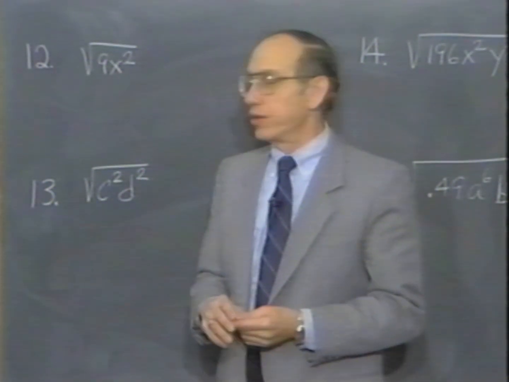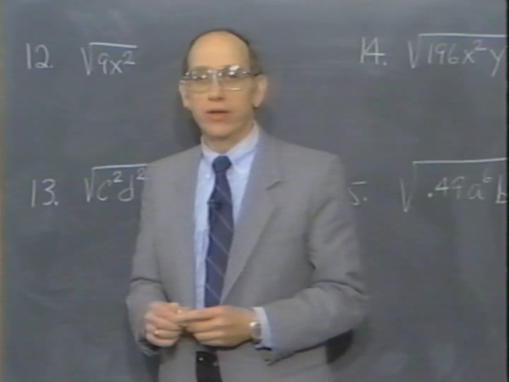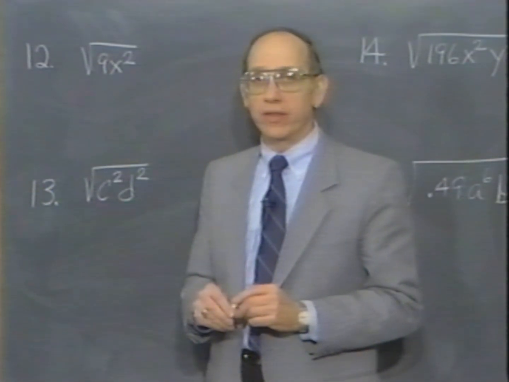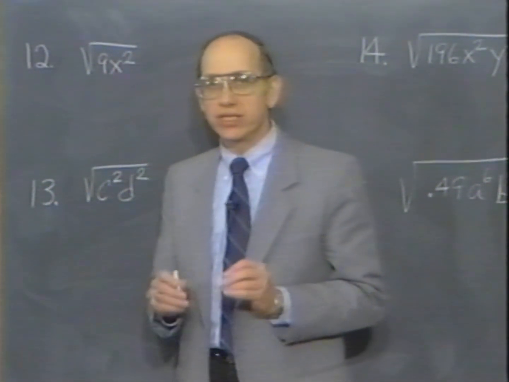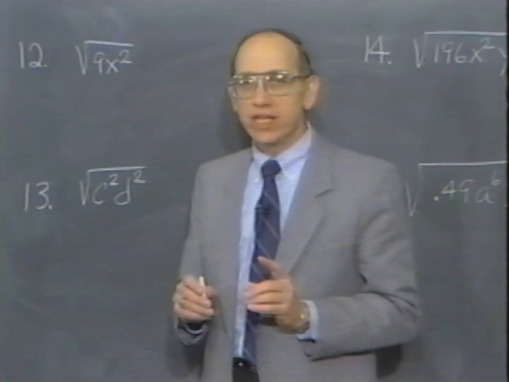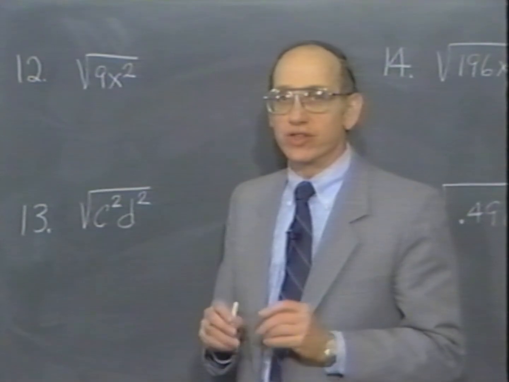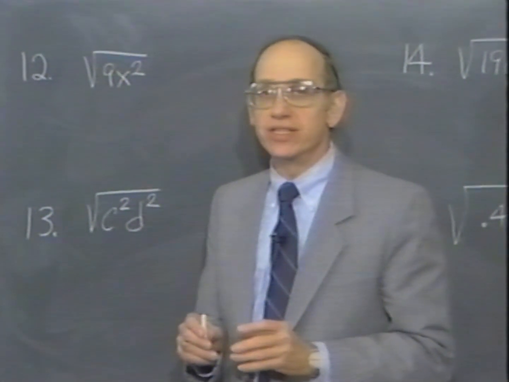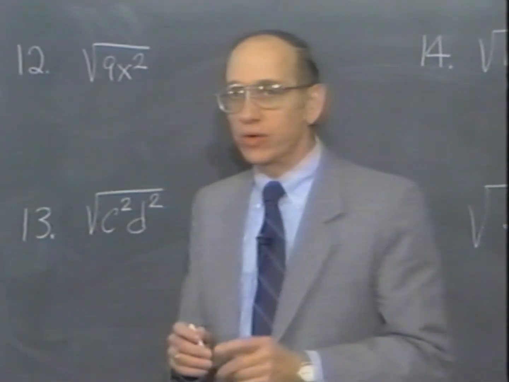Problem 12. Find the square root of 9x squared. All right, one little comment here that I must make. You remember when we took the square root of minus 7 squared, we got as a result 7. But I'd like to be able to say that the square root of x squared is x. Now, if x is a negative number, that's not going to work out correctly.